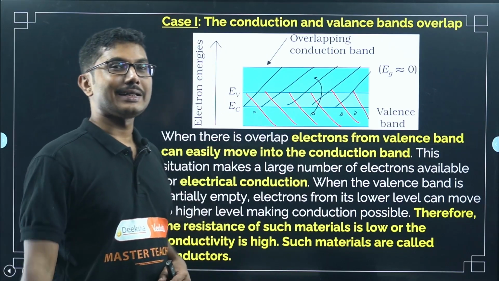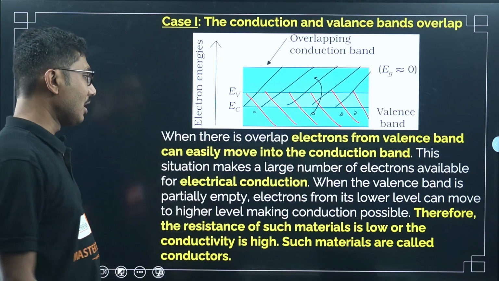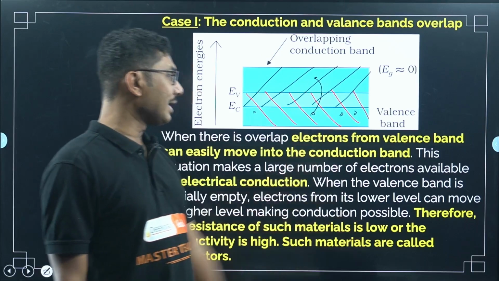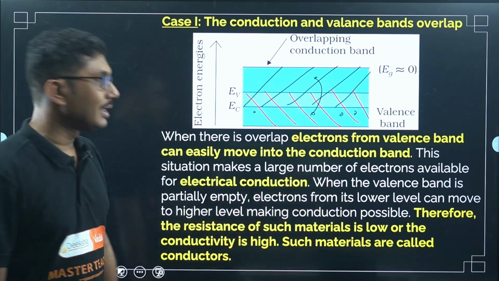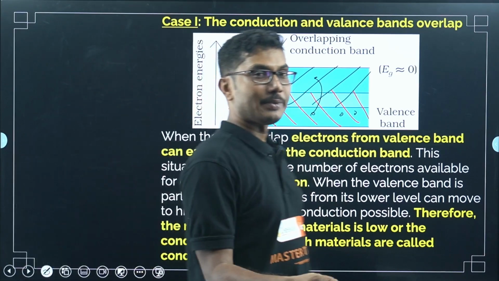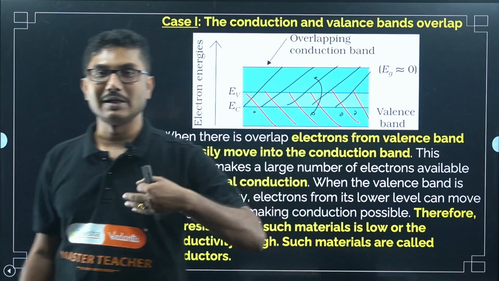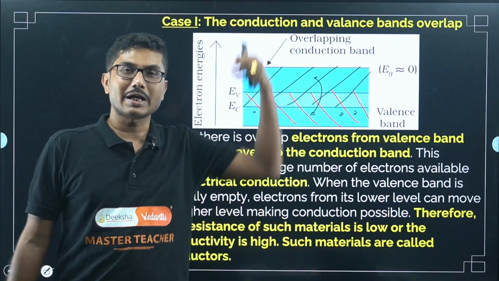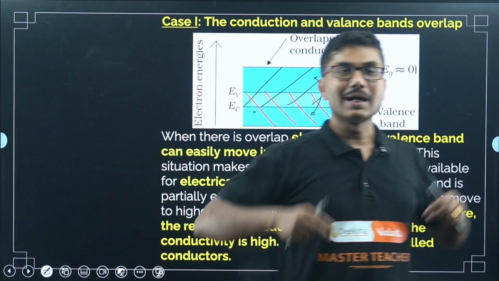What happens in that case? Some electrons from the lower energy level can still come to the valence band. So electrons from the lower level can move to the higher level, making conduction possible. The valence band has some space to accommodate electrons, so lower energy level electrons come and then move to the conduction band, and when the electron is in the conduction band, it can conduct electricity.